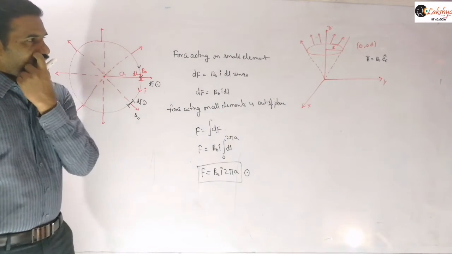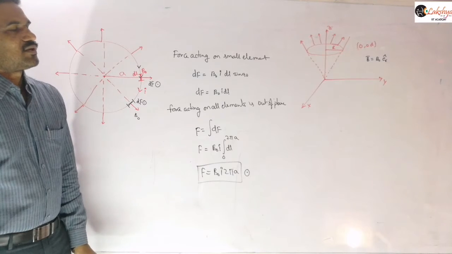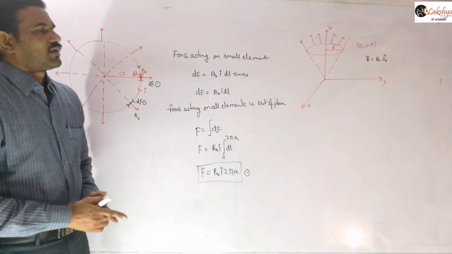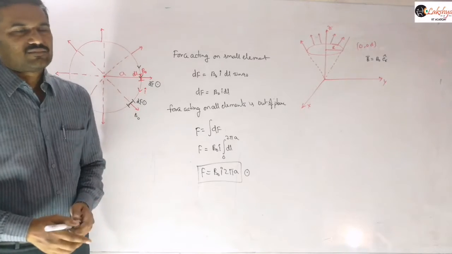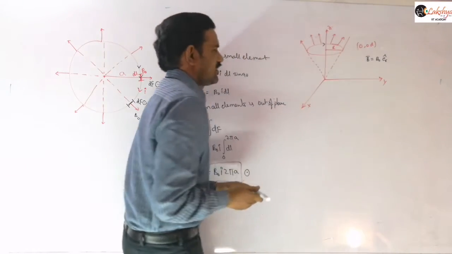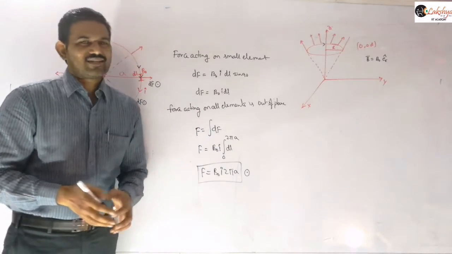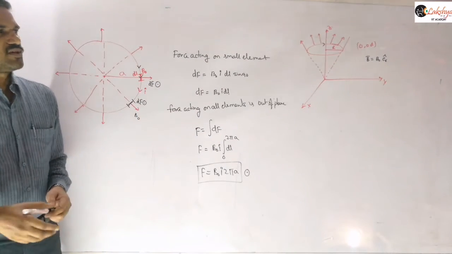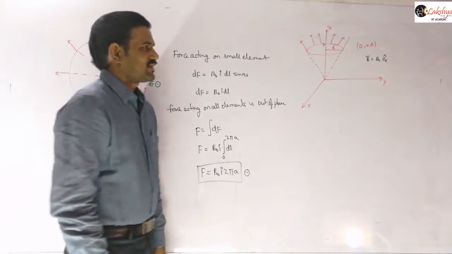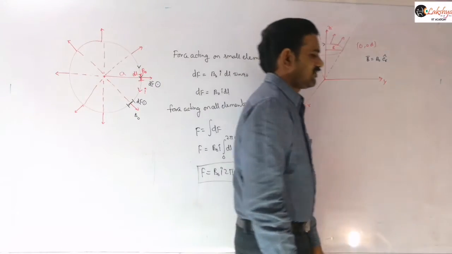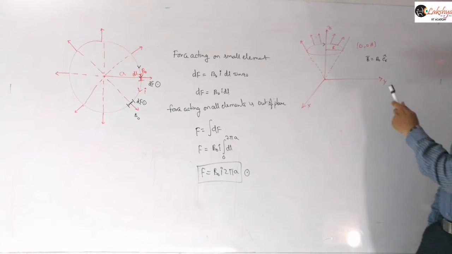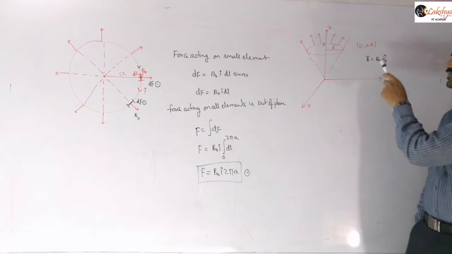A circular loop of radius r carrying current I is placed parallel to the xy plane with its center at 0, 0, d.